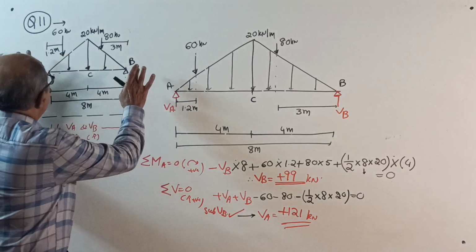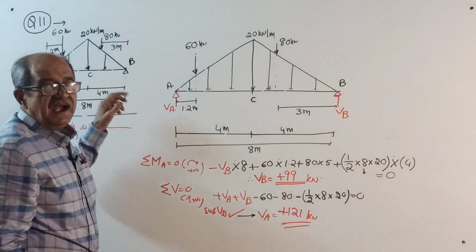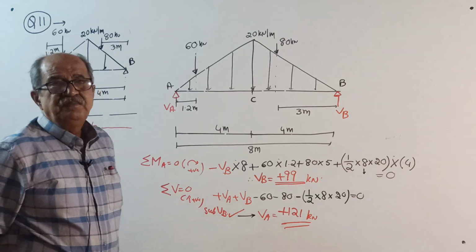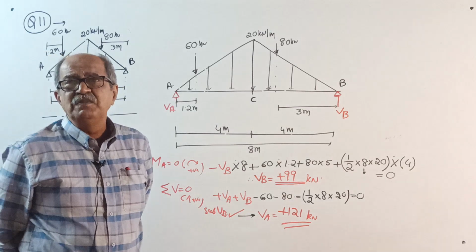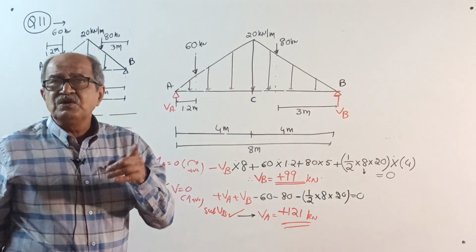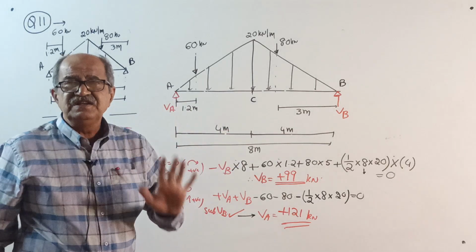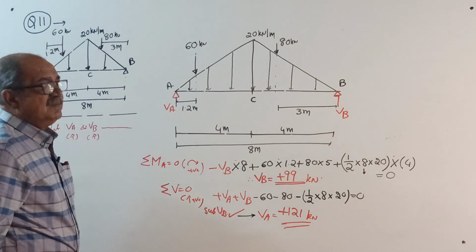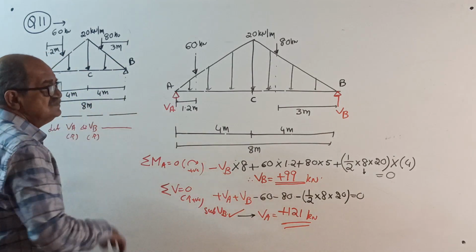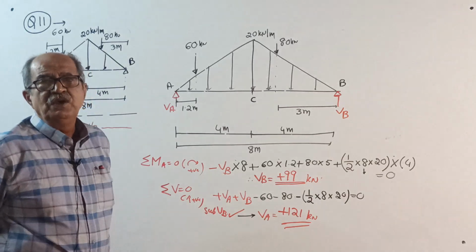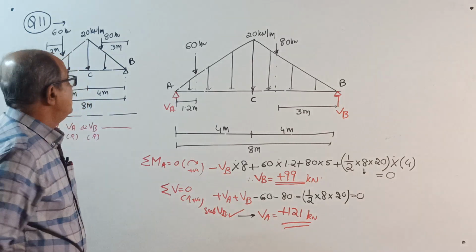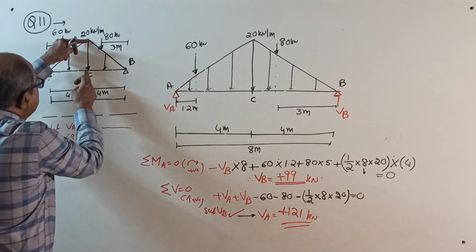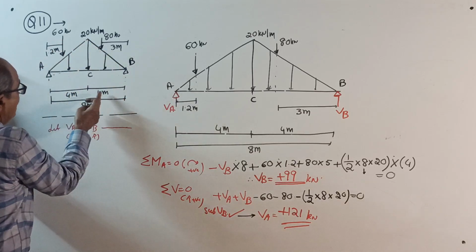Okay, start. I will dictate the question. I always dictate because if the question is given in words, you should be able to observe the question and change it over to a sketch. Now the question is: a simply supported beam of span 8 meter is loaded by a uniformly varying load of intensity 0 at both ends and maximum at center, 8 meter, 4 and 4.